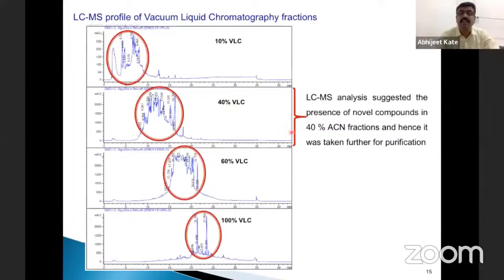We also performed an enrichment strategy here, where we enriched the compound we were interested in, which was considered novel based on the derivatization strategy. We enriched it into a particular 40% enriched fraction where we could get the maximum compound.